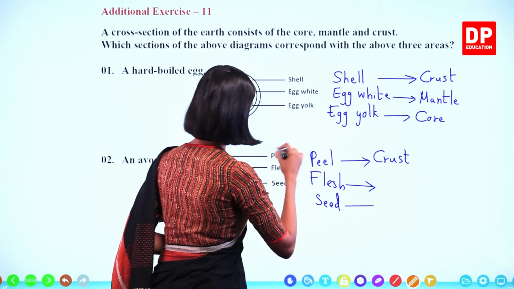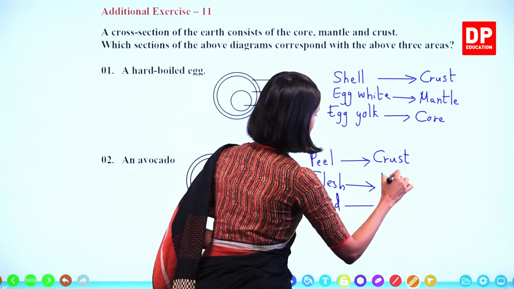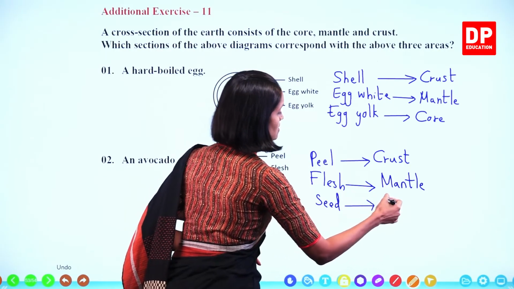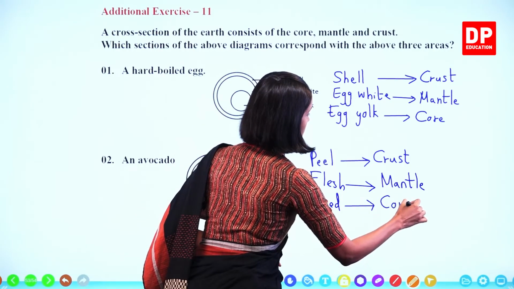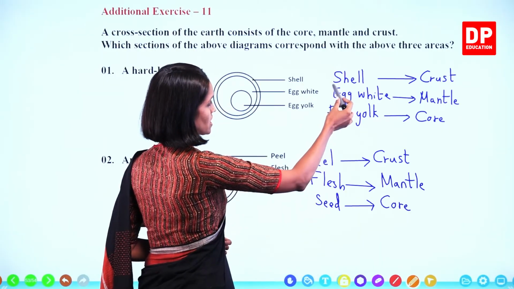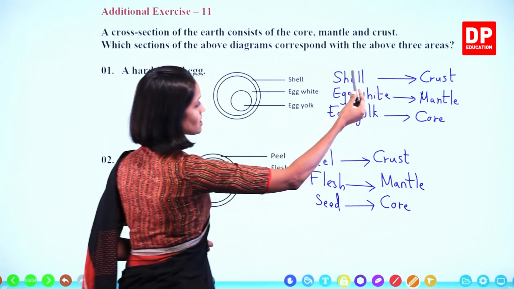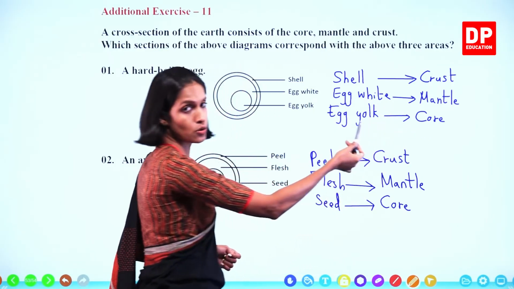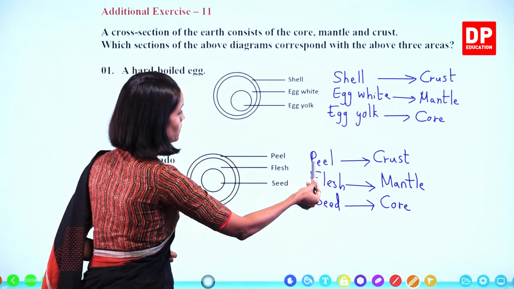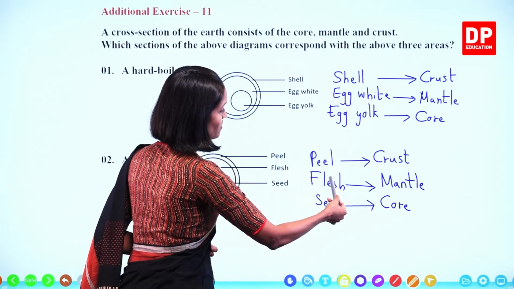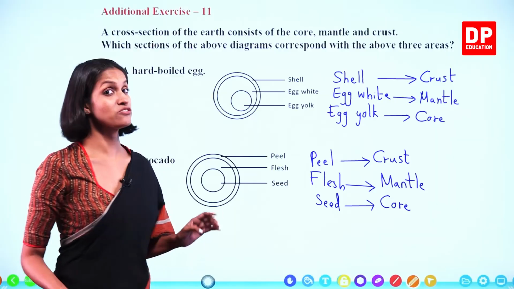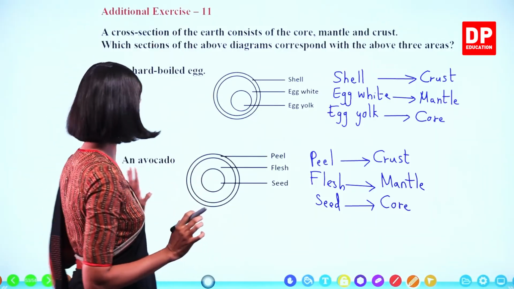Flesh or fleshy part is the mantle. And the seed is the core. Here shell is crust, egg white, mantle, egg yolk, the core, right? Here the peel, the crust, flesh is the mantle, seed is the core. So it was very, very easy, right?